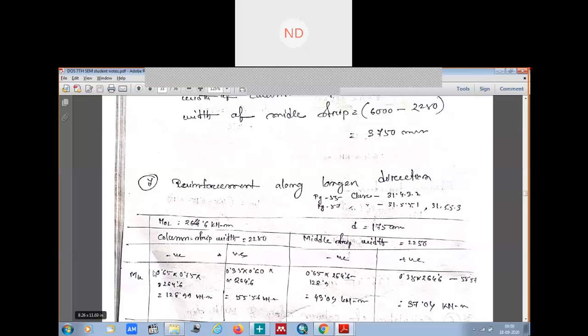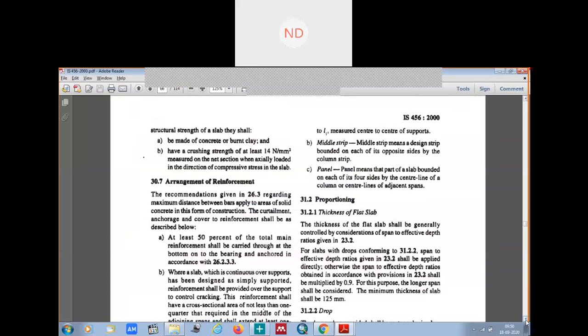Okay, but from where have these two numbers or percentages come? For that again you have to go to page number 55, clause number 31.4.3.2.